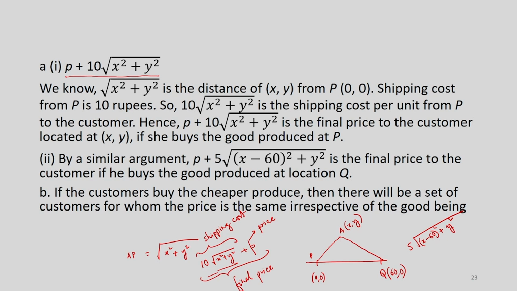Therefore, 5 multiplied by this total distance is the cost of shipping, and with that you are adding small p, this is the price at Q. So, the entire expression p plus 5 multiplied by root over (x minus 60) whole square plus y square is the final price that this guy has to pay if he decides to buy the good produced at Q. Okay. So, we have answered these two questions.